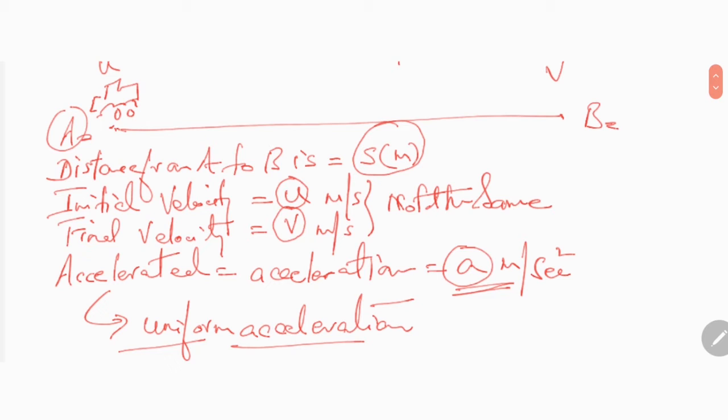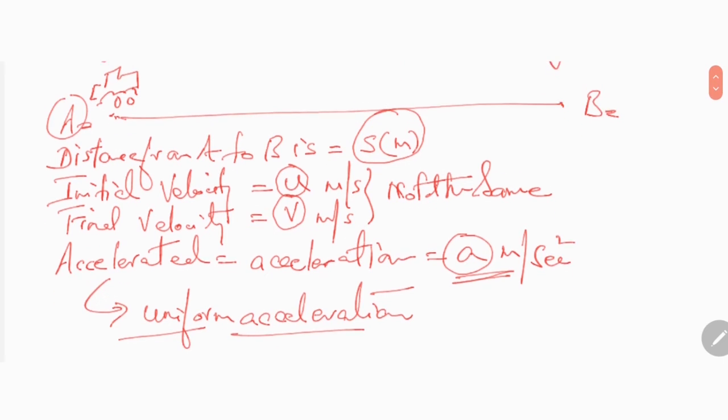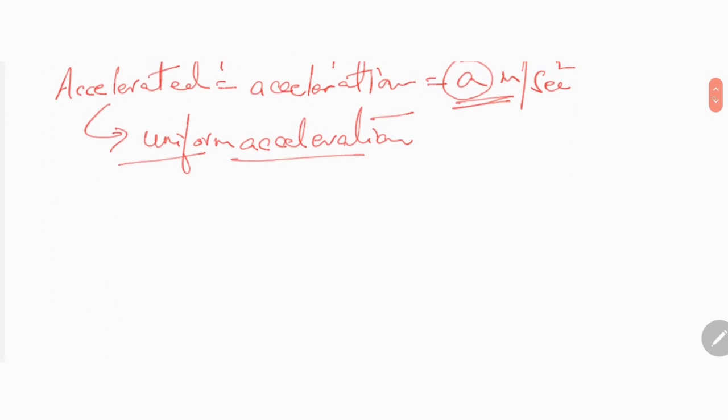Now I'll introduce you to 3 formulas which we will use extensively in the next few chapters. I'll write down these formulas and then we'll derive them. The first one is v is equal to u plus at. v is your final velocity, u is your initial velocity, a is your uniform acceleration, t is time taken.